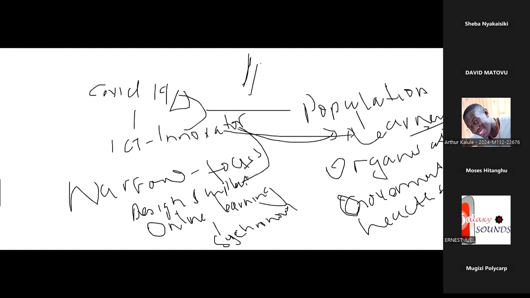A synchronous tool for which context? Is it for an urban context? Because in this population we have urban and rural, and they have different contexts in terms of access and availability. So for which population? Do you realize how I'm narrowing down your problem for you?